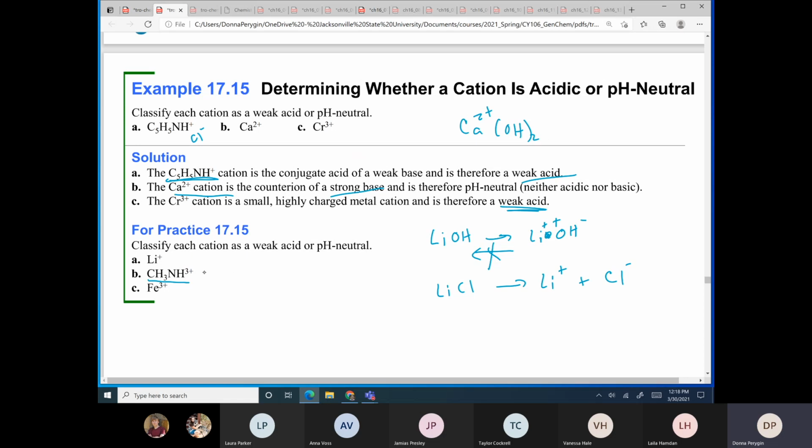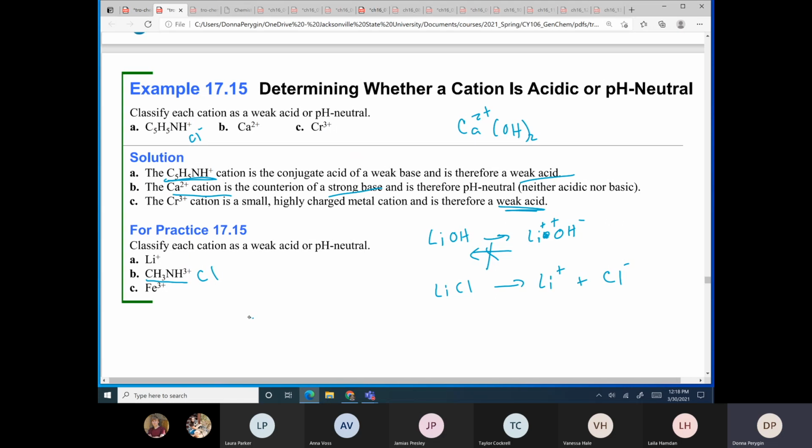Methylammonium, if you put that in as a salt with something like chloride, okay, the methylammonium cation is the conjugate acid of a weak base, which would be methylamine. Therefore, this is going to be a weak acid.